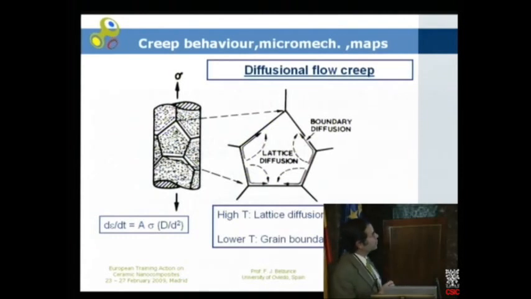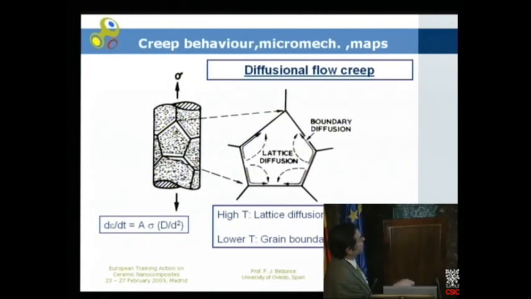Another possibility for creep deformation is diffusional flow creep. In this case, the influence of stress is much lower, and the deformation is due mainly, almost exclusively, to diffusion.